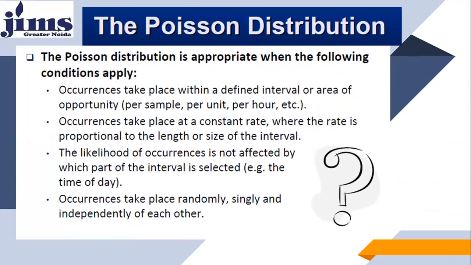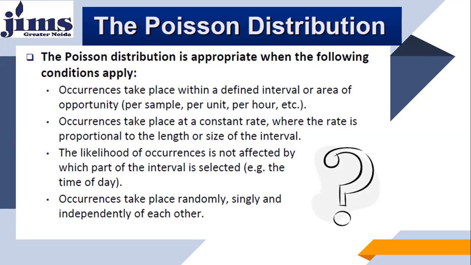The Poisson distribution is appropriate when the following conditions apply. Now I will discuss these conditions one by one. Number 1, occurrence takes place within a definite interval or area of opportunity, meaning per sample, per unit, per hour, etc. Number 2, occurrence takes place at a constant rate, where the rate is proportional to the length or size of the interval.